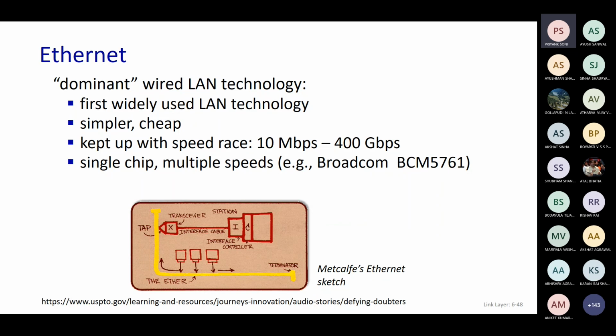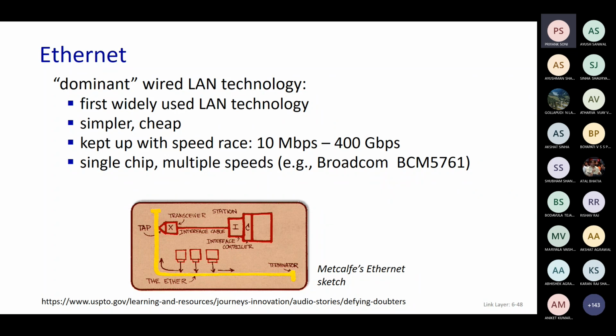Now, let's get to some of the technologies and their corresponding standards. So first, let us start with Ethernet. Ethernet is the dominant wired LAN technology, LAN being the local area network. You all know about Ethernet.